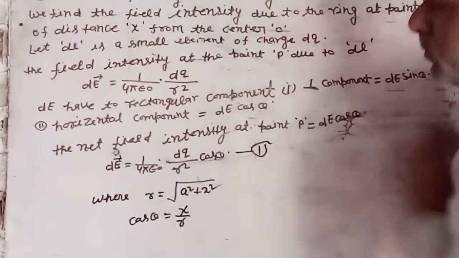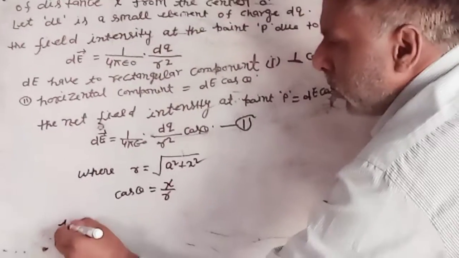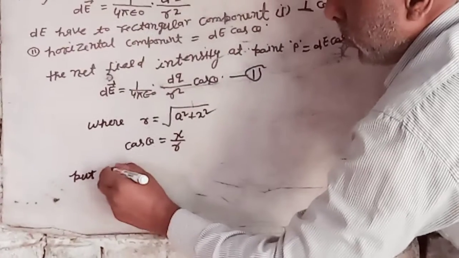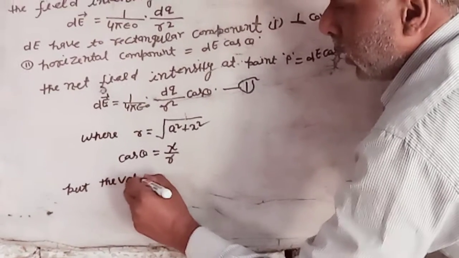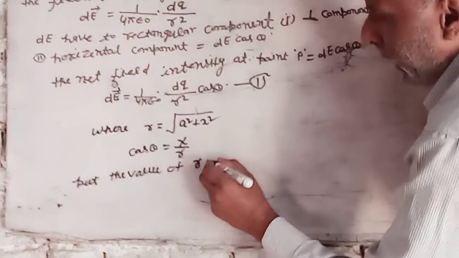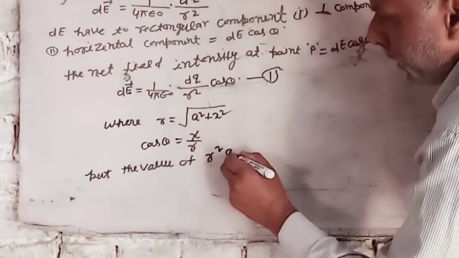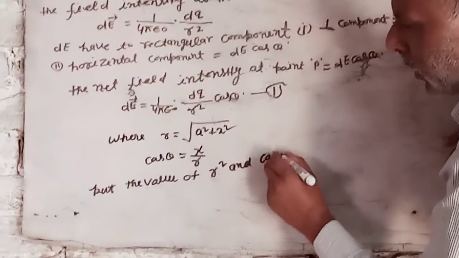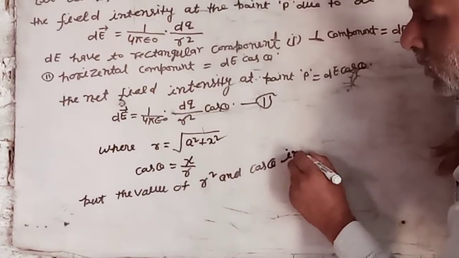Taking equation 1, put the value of r square and cos theta in equation first.